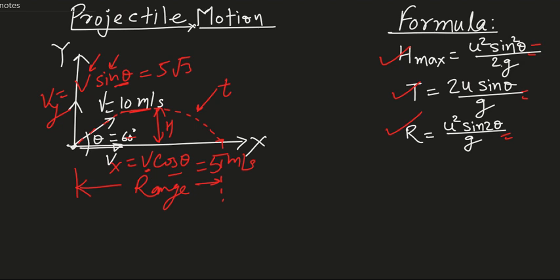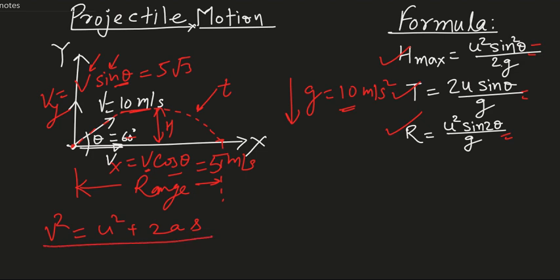If we use the formula v squared equals u squared plus 2as, and gravity here is approximately 10 meters per second squared, I use this equation in the vertical direction, meaning the y direction.